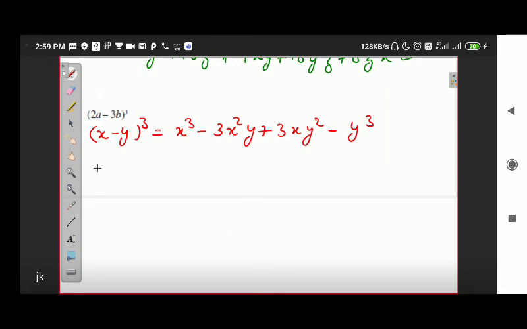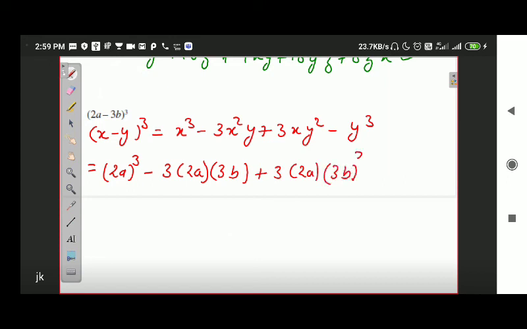In place of x, you have 2a, in place of y, you have 3b. So replacing the numbers, you will have (2a) whole cube minus 3 into 2a, y is 3b, plus 3 into 2a, y is (3b) whole square, minus (3b) whole cube.